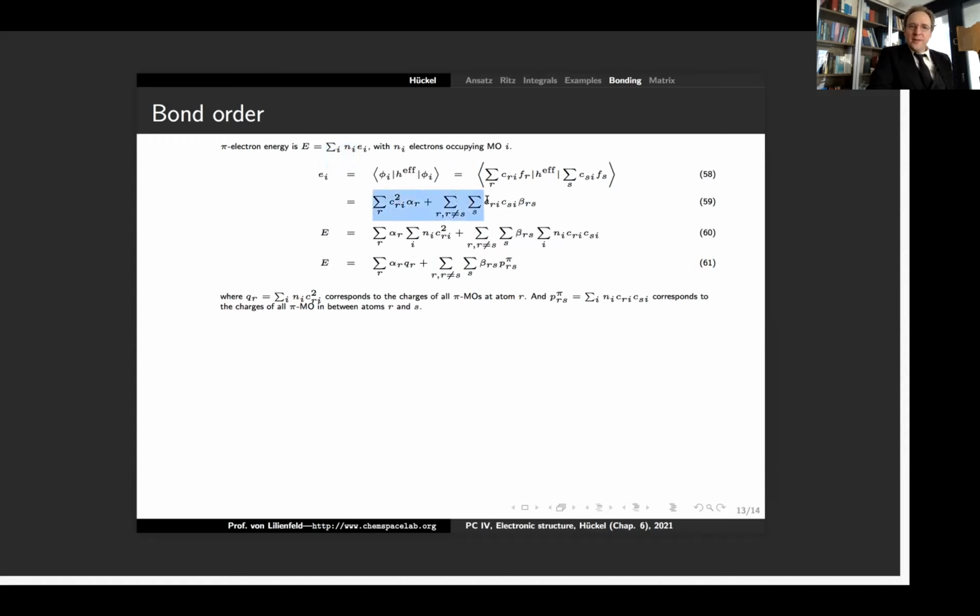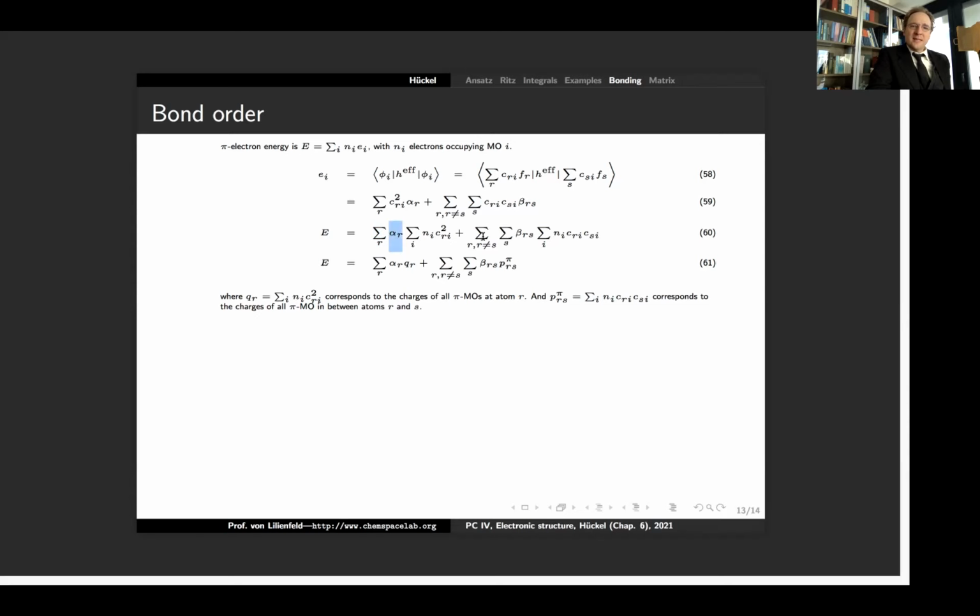If you insert this expression here for E_I, then you get the sum over atoms, and we exchange the summation ordering, and all of a sudden you see your total energy as the sum over all atoms.